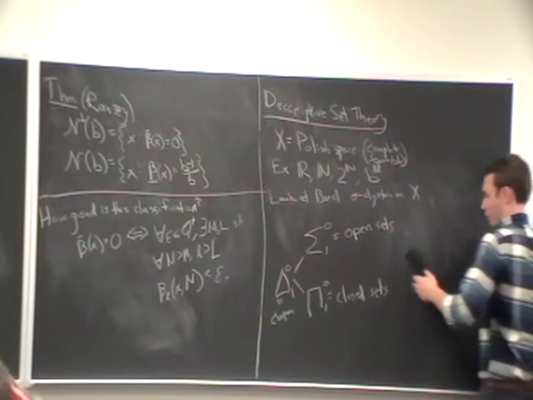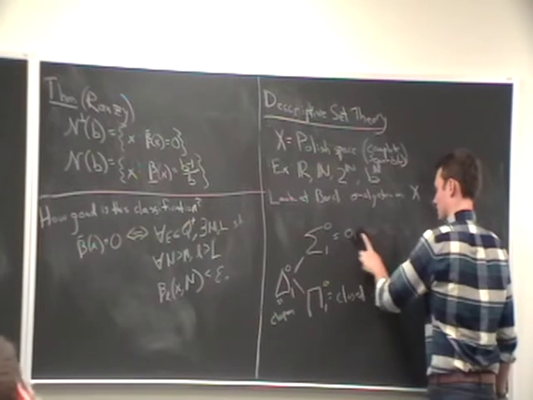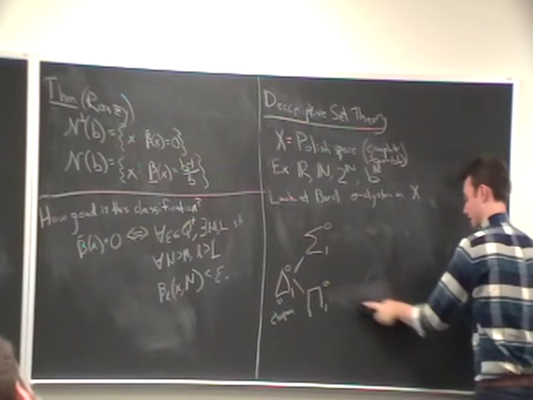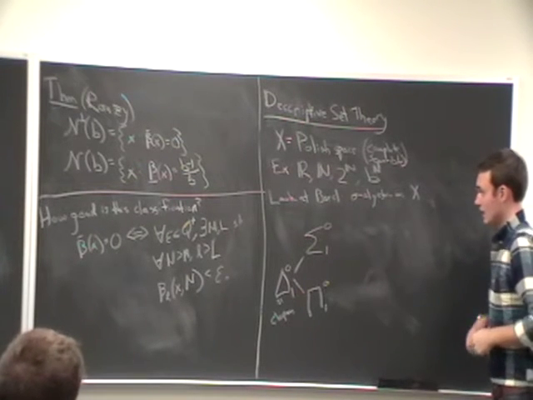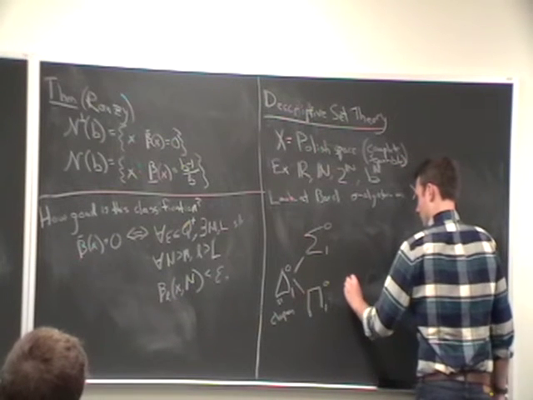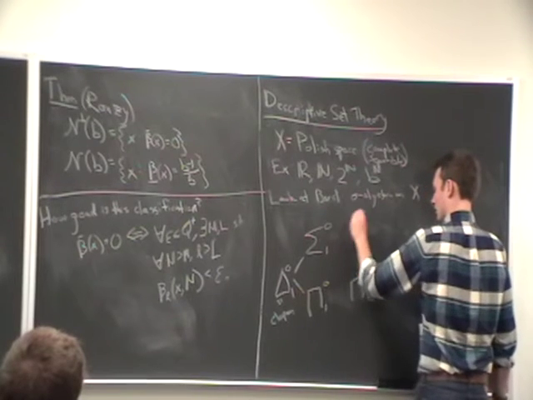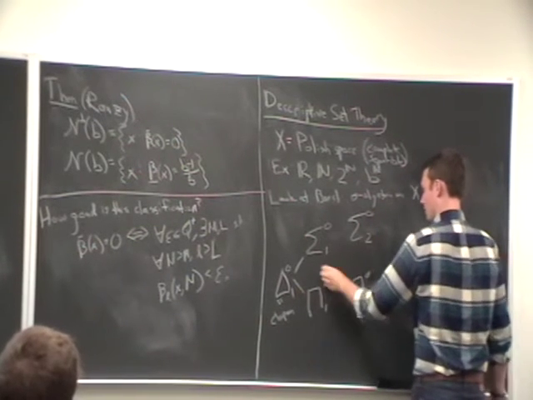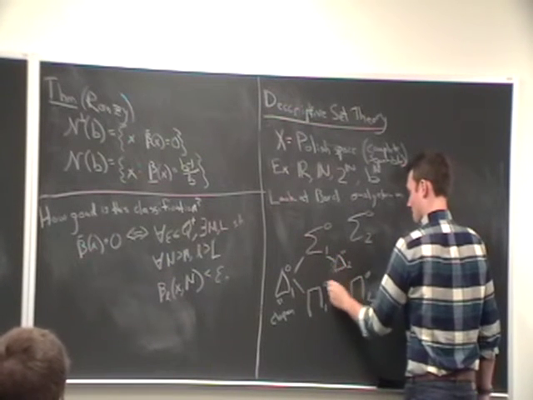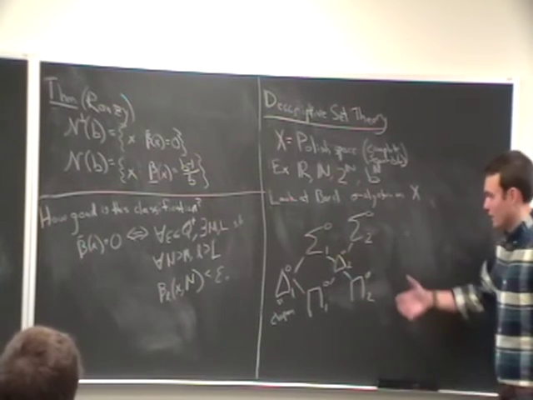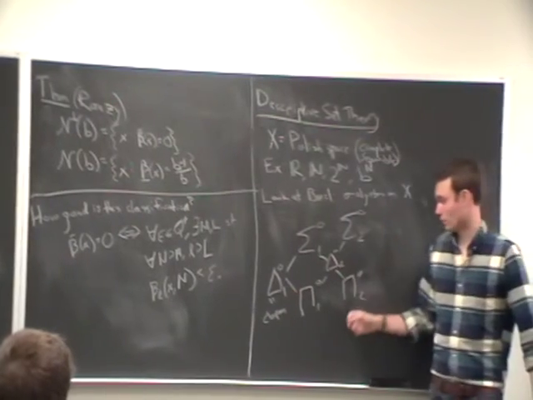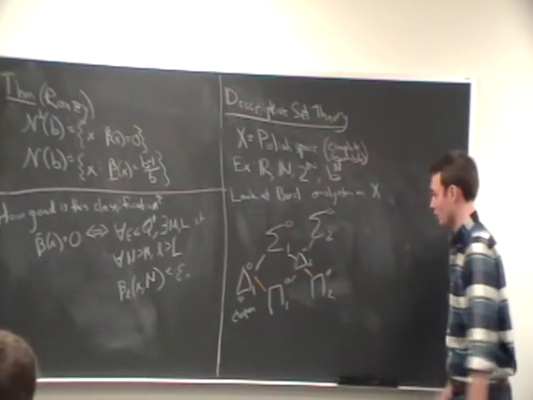Now, if we want to build up more complex sets than just the open and closed sets, we can take countable unions and countable intersections and still get something that is measurable with the Borel sigma algebra. So we define the classes pi 0, 2, sigma 0, 2 and also delta 0, 2. Sigma 0, 2 is the class of all sets that can be formed by countable unions of elements in pi 0, 1.